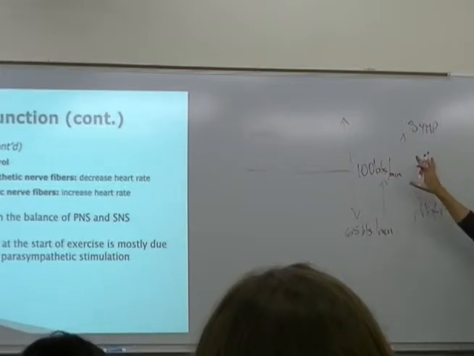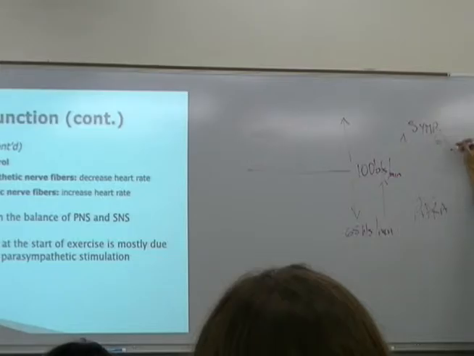What's your training heart rate when you're training hard? That's going to be your sympathetic system. And then when we try to bring it back down, we have to switch this one off, turn this one up, because now we're up here, right? And I have to bring it back down again.